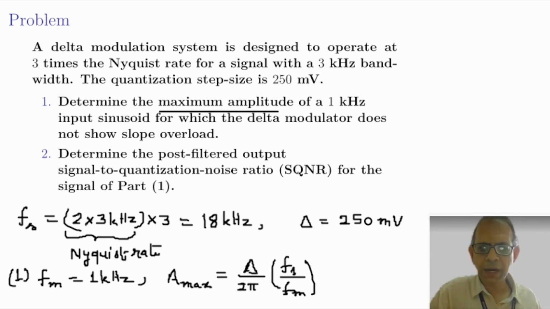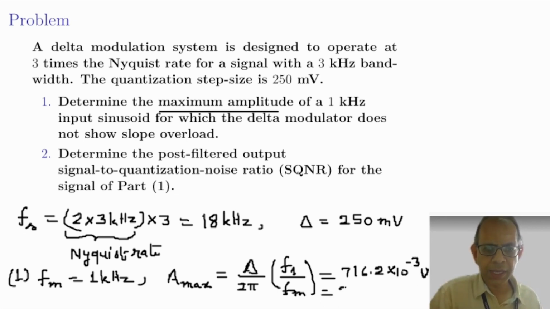Now all these values are given. Delta is 250 into 10 to the power minus 3 volts. Fs is 18 into 10 to the power 3 hertz. And Fm is 1 into 10 to the power 3 hertz. We just plug in all these values and it works out to be 716.2 into 10 to the power minus 3 volts or 716.2 millivolts.